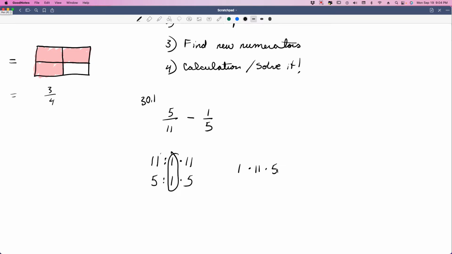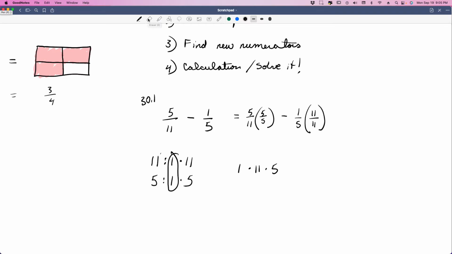That's it, because those are prime numbers. So we're going to multiply each fraction by the opposite denominator. So that's going to be 5 over 11 times 5 over 5, minus 1 over 5 times 11 over 11.